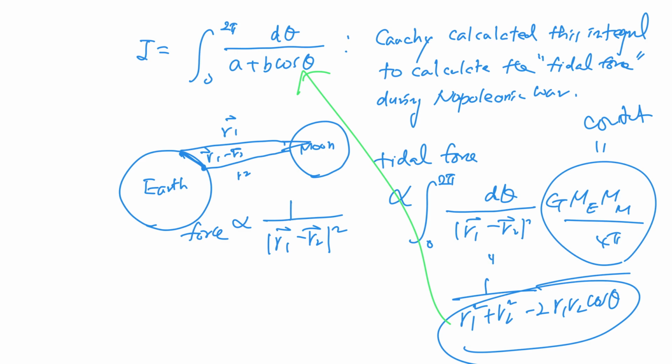So Cauchy knows about gravitation, and he was able to formulate what would be the force on the tide, the tidal force, depending on the distance between two locations relative to the moon, right? So basically it's the same problem, but in Cauchy's case, it was a gravitational problem.